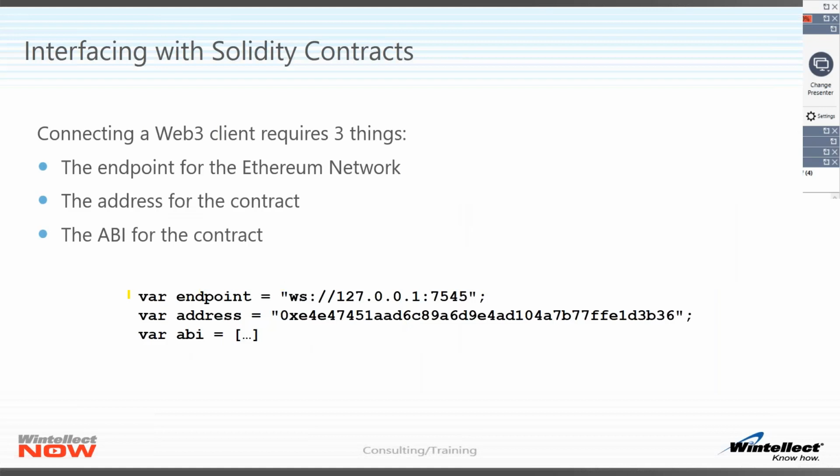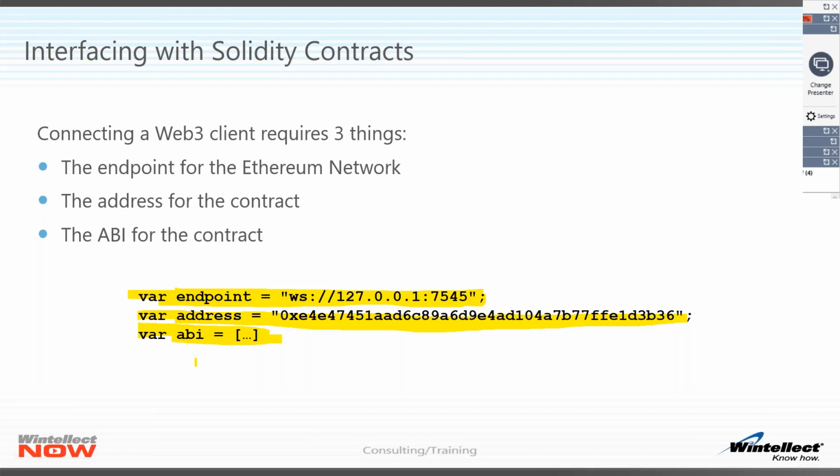You need the endpoint for your blockchain network, you need the address of the contract, and then you need the ABI. So when we ran our last demo with the debug, we deployed that contract, and I used the address of the contract to actually call something on that contract, and it was at the endpoint right here, which was my Ganache network, and then the ABI was implicit to that address.